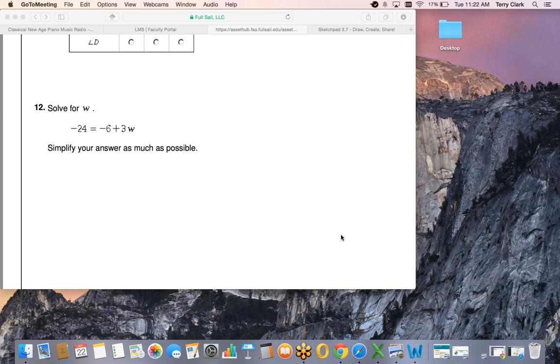You're simply going to isolate the W. You'll add 6 to both sides, and that'll give you 3W equals negative 18. Then you'll divide both sides by 3, and that'll give you W equals negative 6. And that's what we call the multiplication property.